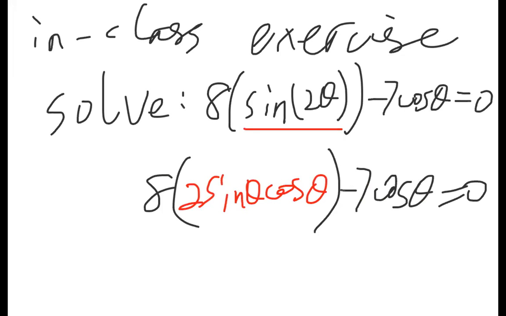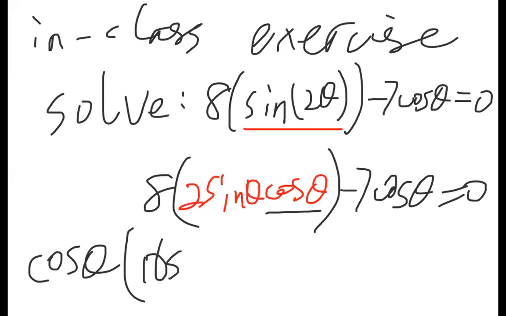And you notice that you have a cosine theta as a common factor. So we pull this out. Then this becomes 8 times 2 times sine theta, which is 16 sine theta, minus, when you pull out the cosine, it's left with 7, equal to 0.